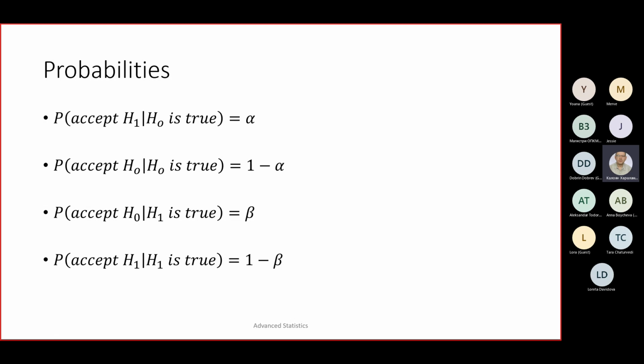And the recommendation here is, since we cannot minimize both, then we could try to minimize the more dangerous one. So if type 1 error is more dangerous, then we must minimize alpha.